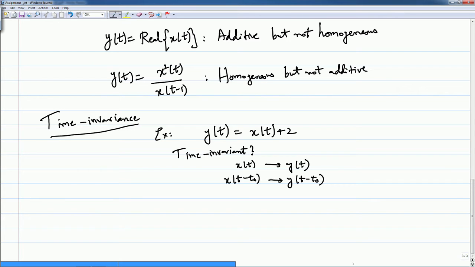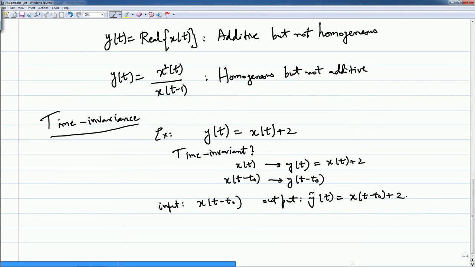So if x of t produces an output y of t, I know that my input and output x of t and y of t satisfy this equation. Okay, so y of t is x of t plus 2. I know that. Okay, right. Now if x of t minus t naught is the input and the output is y tilde of t, I know y tilde of t equals x of t minus t naught plus 2.